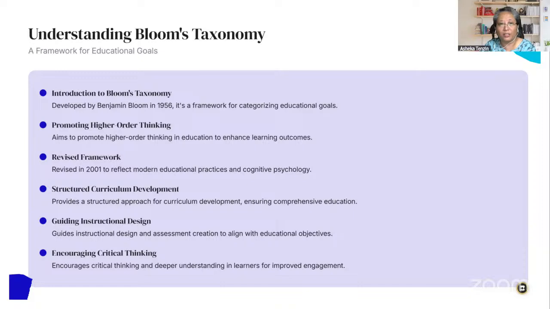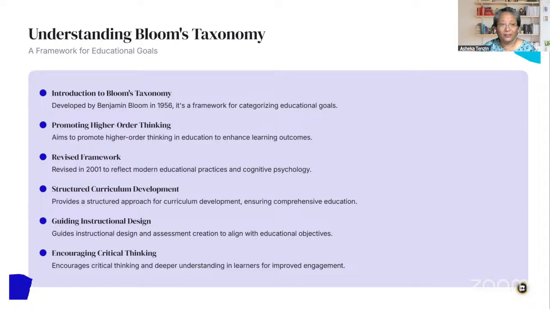Okay. Most of the time, what we do is we use the cognitive domain, because we think about thinking. How do students think, or how will you plan your lesson objectives and the learning activities, and then assess students. Okay. So now this particular Bloom's taxonomy framework was revised in 2001, and now it is called the revised Bloom's taxonomy. This particular taxonomy gives a structured approach to develop the curriculum, as well as to plan activities and create assessments.